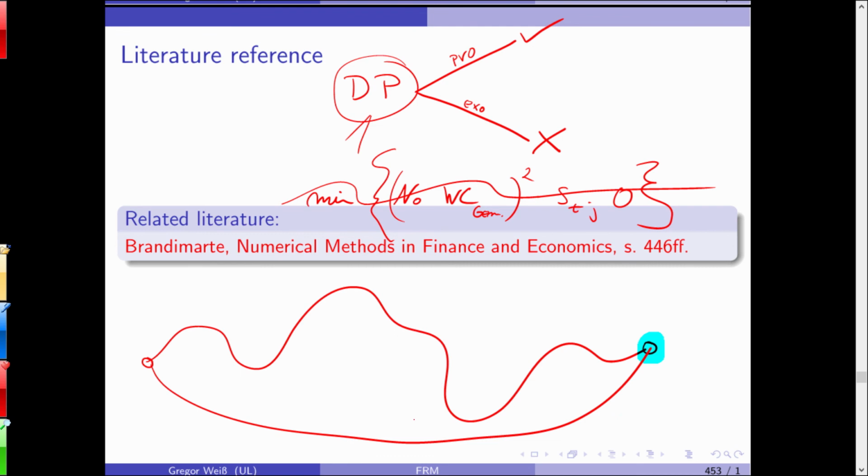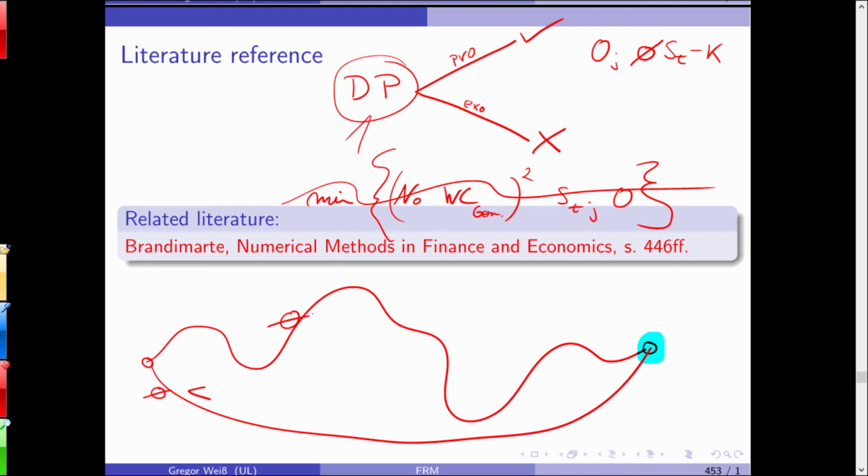But as you might remember, Asian options, for example, don't pay out the maximum of ST minus K and 0, but they pay out 0 or, for example, the average stock price minus K. And you can see that the average stock price here is obviously smaller than the average stock price here.